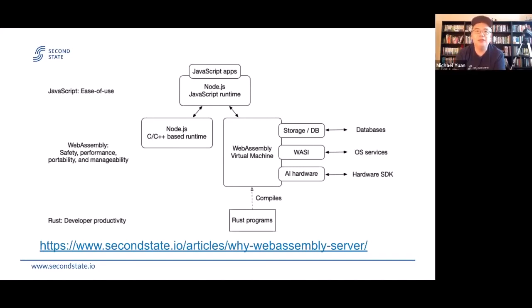One is the JavaScript application that handles the web-related stuff. Then the JavaScript application calls APIs, and part of the API is the Rust application the developer has written and compiled to WebAssembly. We're going to show a very concrete example in a minute. There's also a link: if you are interested, you can go to that website and see exactly how the different components of this system work together.